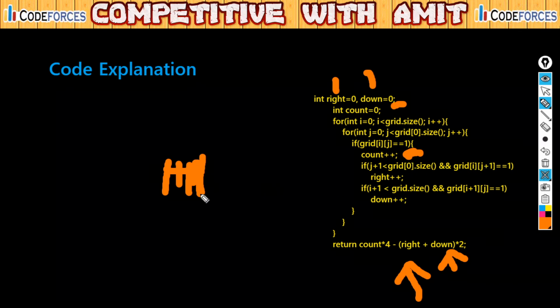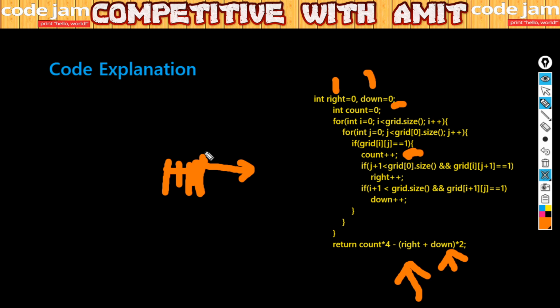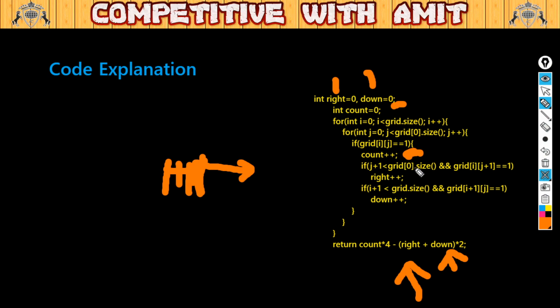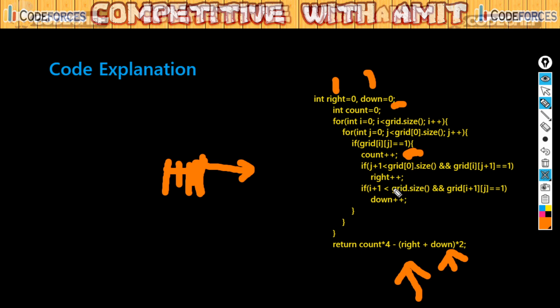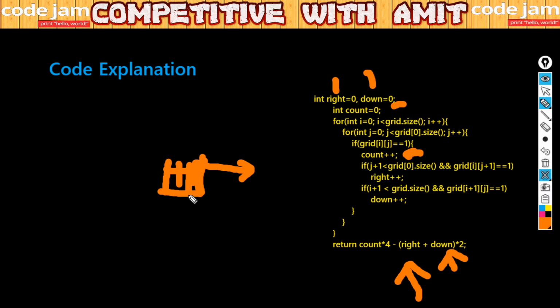If the last element is there, then we will not check this condition, because then no other element can be there if it is on the border. So this condition is checking that the element is on the rightmost part or not. In this also it is checking the same, it is checking for the bottom one, that the element is there on the bottom or not.